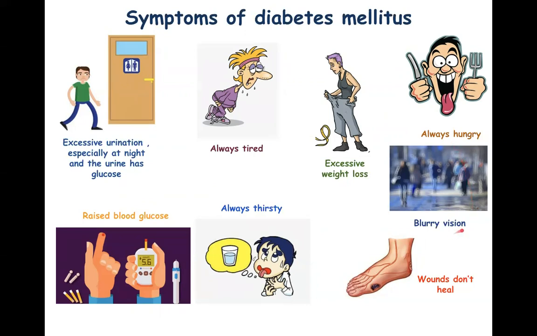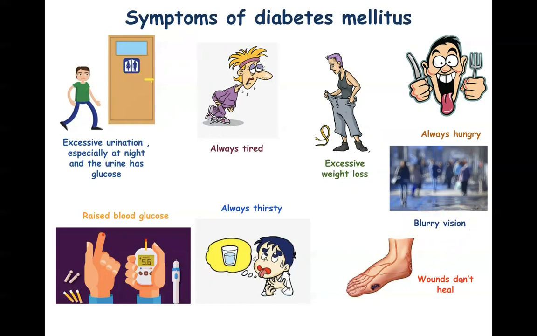Then there is a condition called blurry vision. You are unable to see things clearly because the deposition of glucose occurs in the cornea of the eye. It may affect the retina, it may affect the cornea due to excessive glucose-laden blood flowing inside your body.